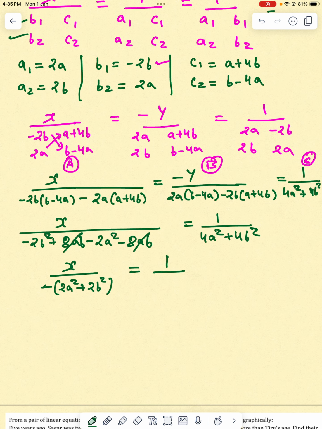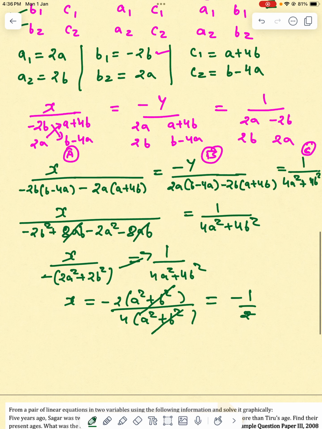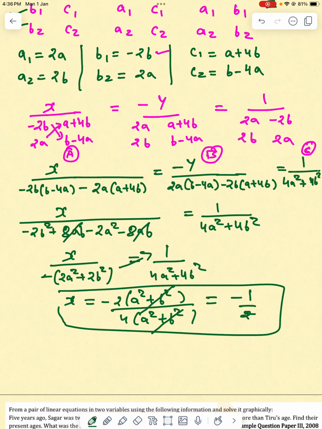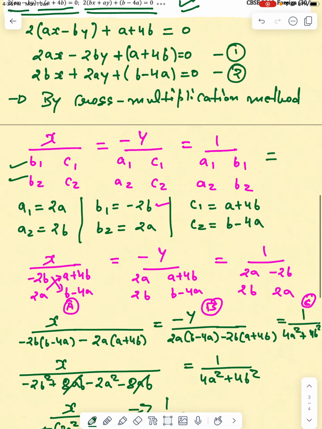So here it is 4a square plus 4b square. If you take a square plus b square in the bracket, what will you have? 4 times a square plus b square. So a square plus b square get cancelled, you will get minus 1 upon 2, right? So this is the value of x, that is x is equals to minus 1 upon 2.